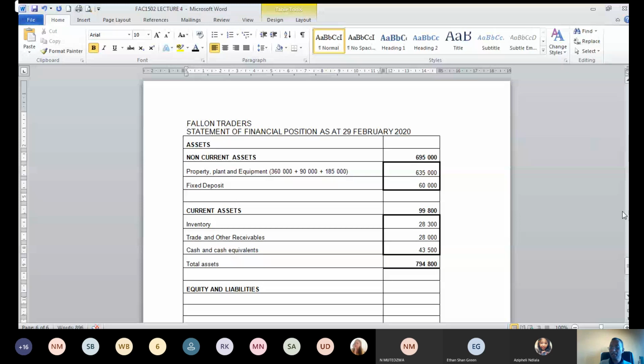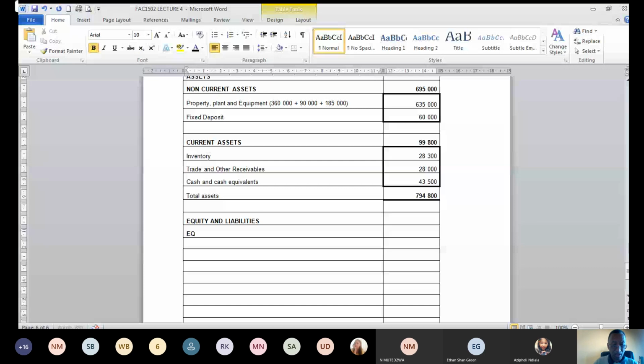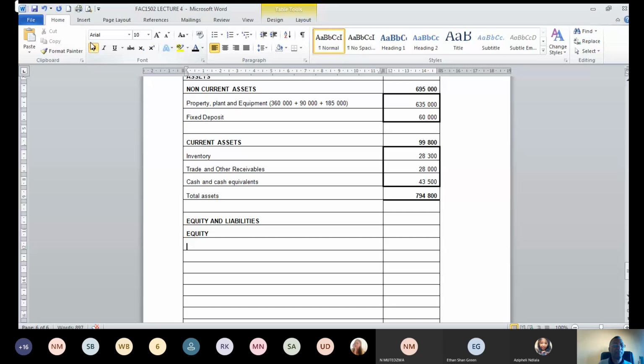Your equity and liabilities. We first of all take a look at equity. What is the value of your equity? Your equity consists only of the capital. So you must have a heading there for capital.